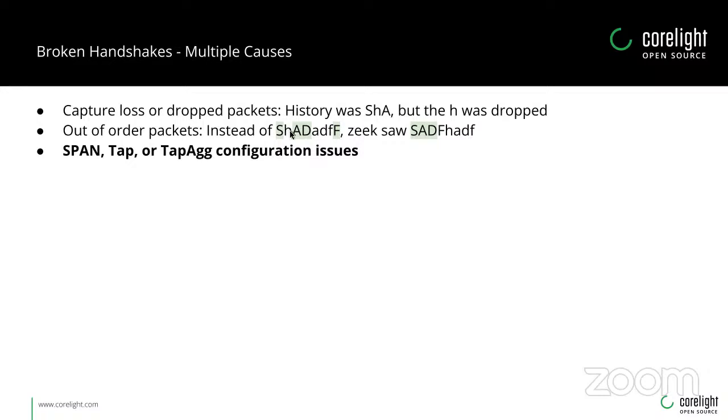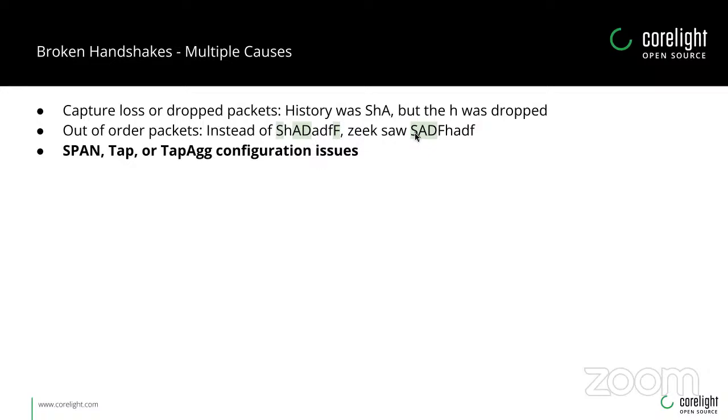Another cause of weird histories that aren't half duplex are out of order packets. Sometimes due to very weird TAP setups or weird mirror port configurations, you'll get all of the client packets and then all of the server packets. So they should be interleaved, but sometimes misconfigurations happen and you just don't get them in the order that they occurred in.